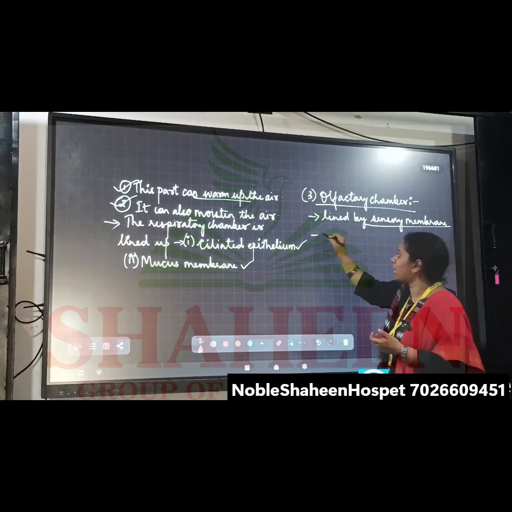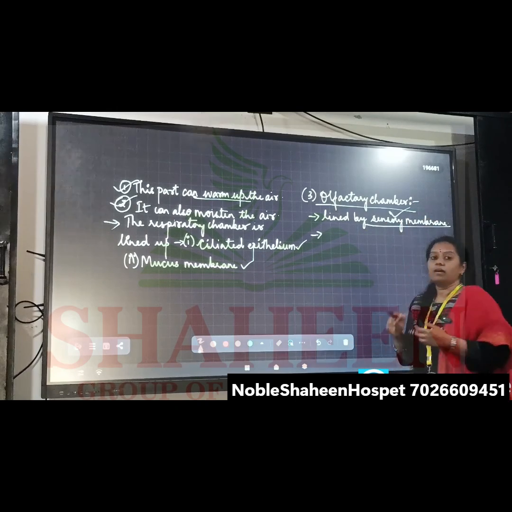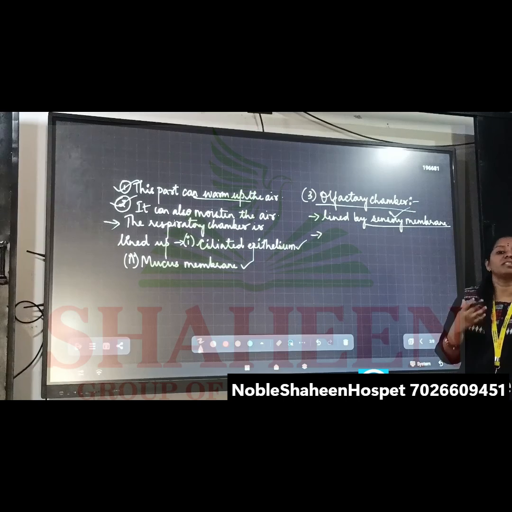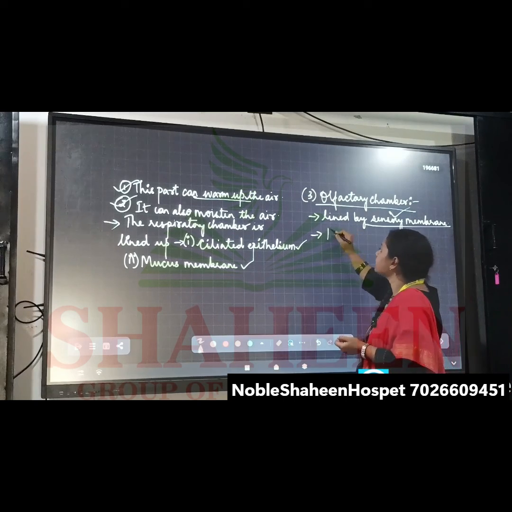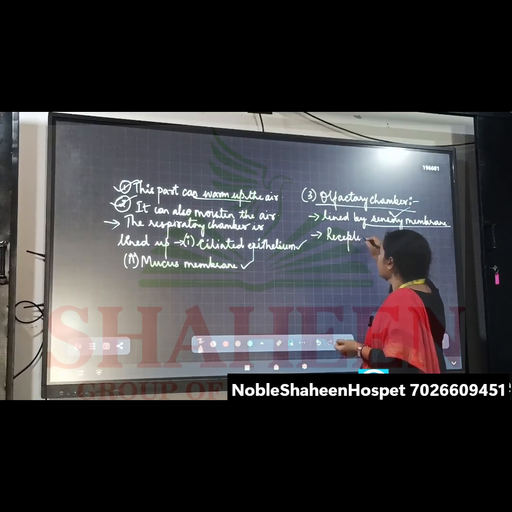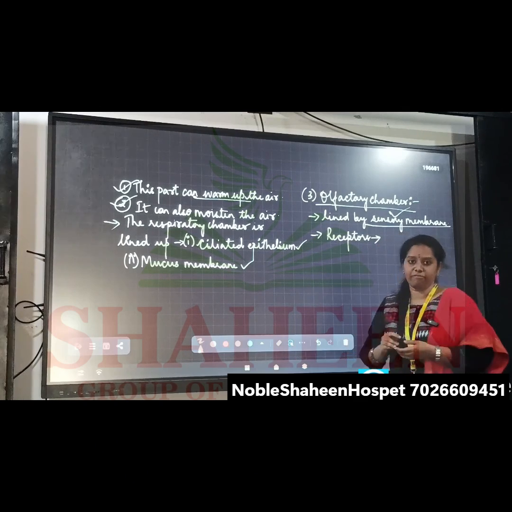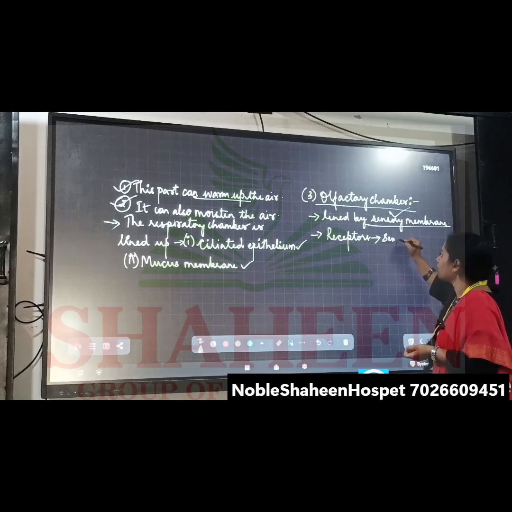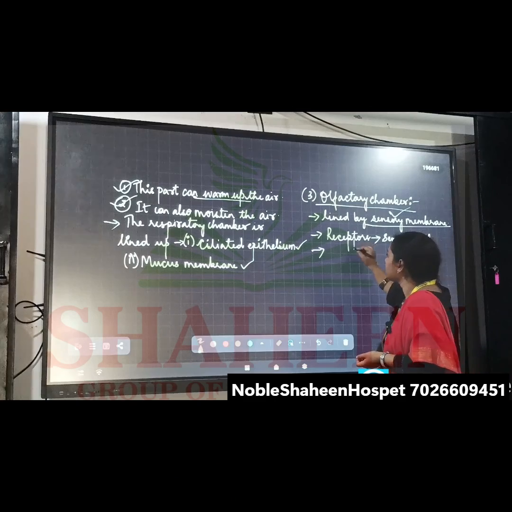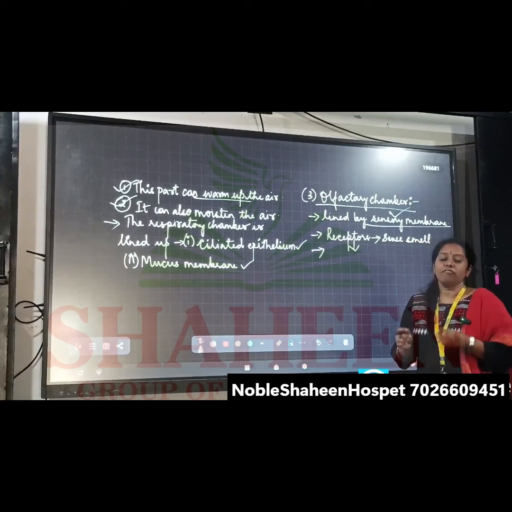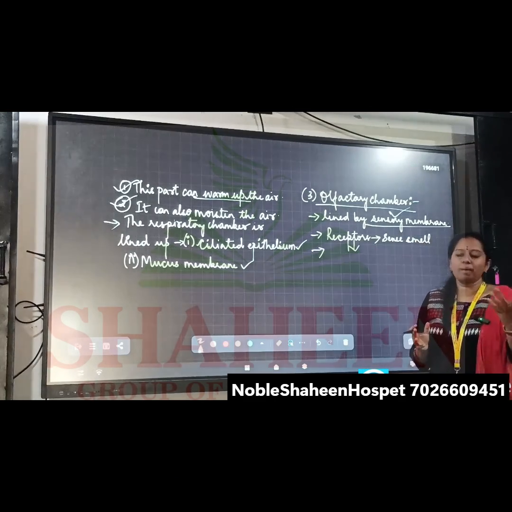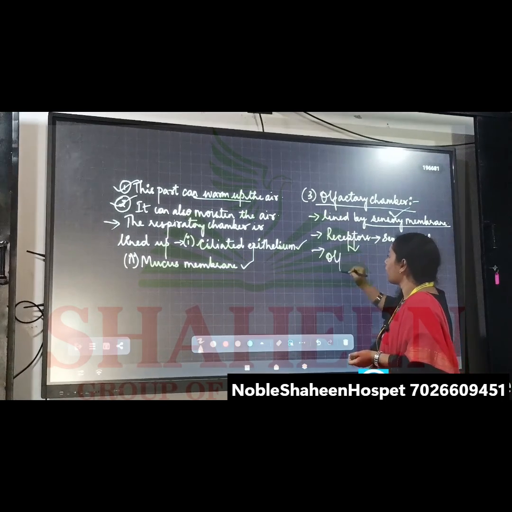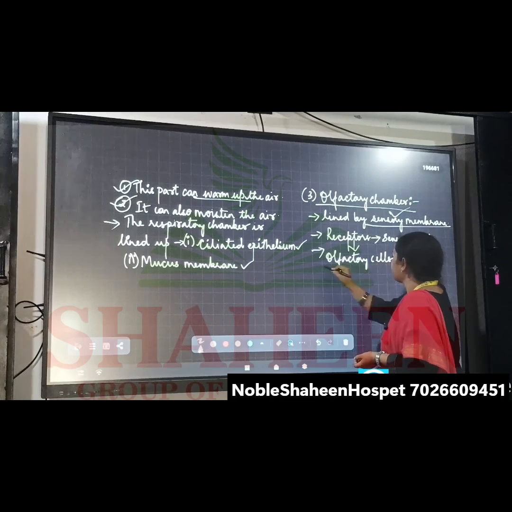The name tells us it has a lot of cells which can sense smell. The sensory membrane is made up of a lot of cells called receptors. What do they sense? They sense smell. These receptors have a very specific name, olfactory cells.